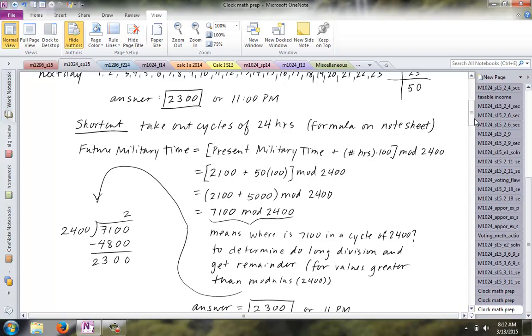So we do some long division here where we're trying to get at the remainder, and we've already been doing this when we've been converting number systems, going back from something that's not in base 10 to get back to base 10. Same kind of thing there, where we take 2400 going into 7100. It goes in 2 times, so there's 2 cycles of 2400. But actually all we care about is the remainder. So the remainder here is 2300, and that's the answer to our problem.